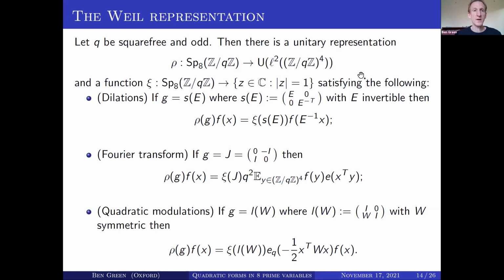When Q is composite and square free, it's kind of, as I say, known to experts, but I couldn't actually find a reference for it. So I had to go and deduce this for myself, but that was relatively straightforward to do. In fact, you can deduce it from the existence of the mod P versions of it. So this is the Weil representation.